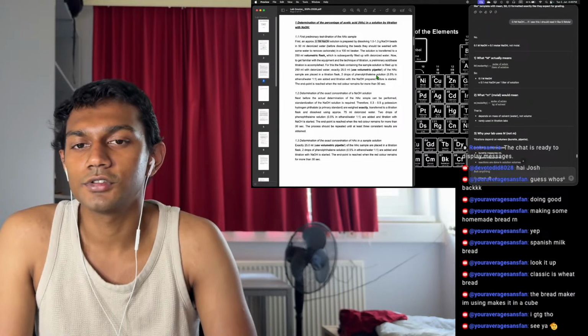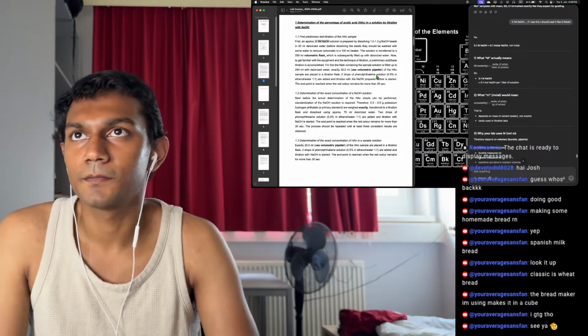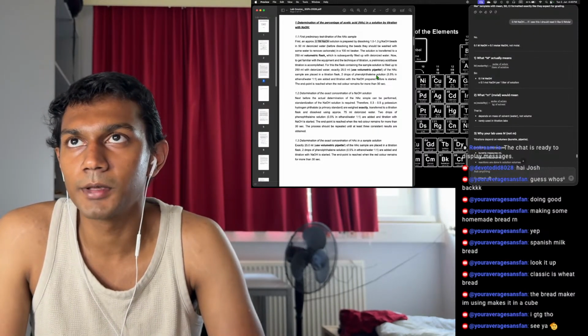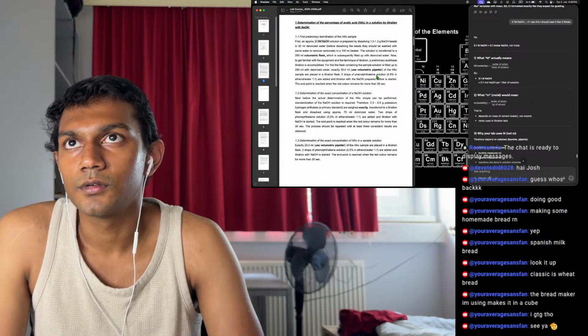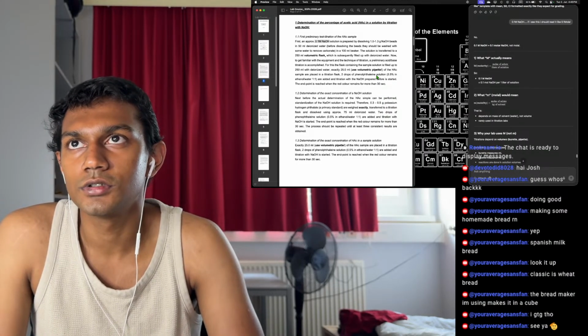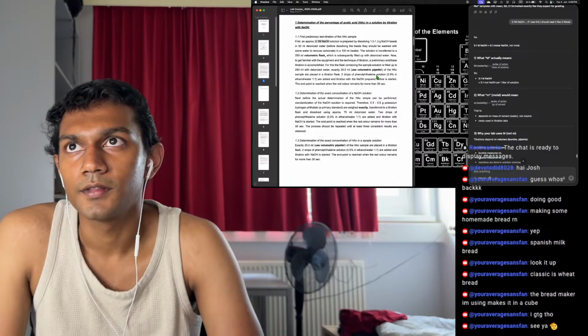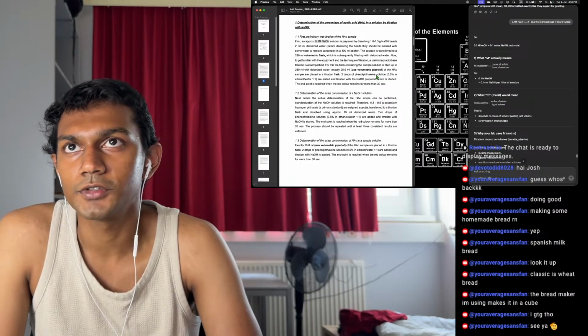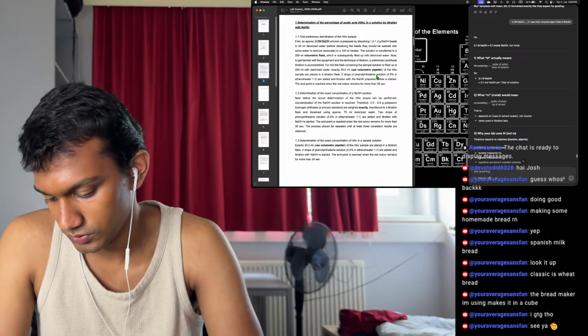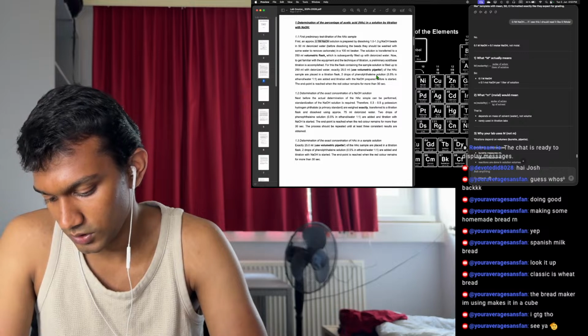Titration flask, if I understand, it's the one with the small lid but big base. 2 drops of phenolphthalein solution are added and the titration with the NaOH prepared before is started. The endpoint is reached when the red color remains for more than 30 seconds. Okay, more than 30 seconds.